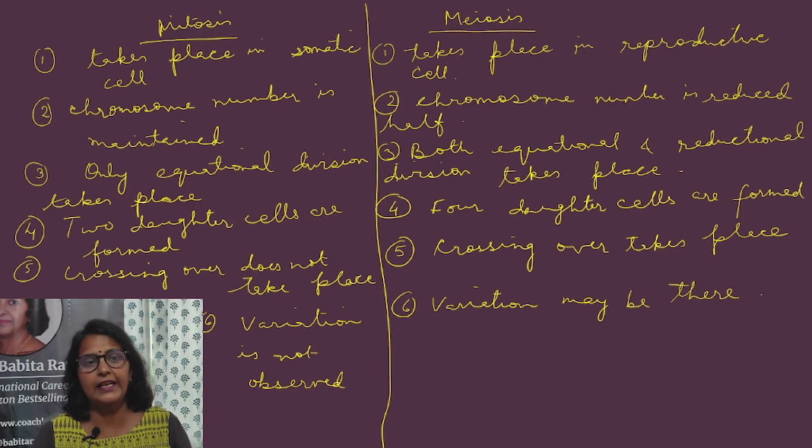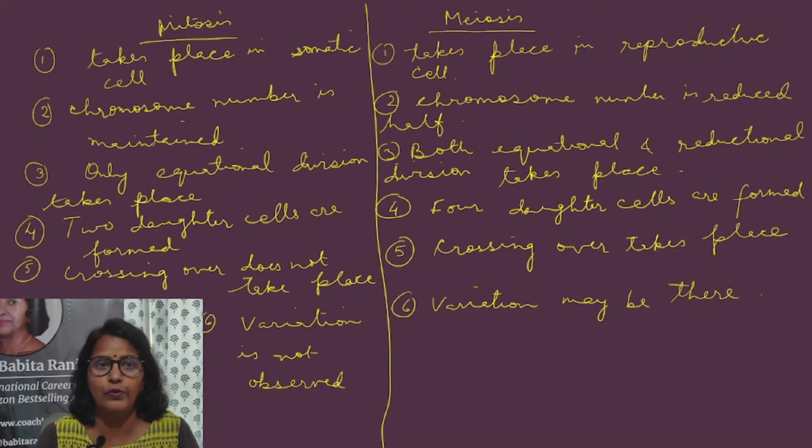The division in mitosis is always equational, whereas both equational and reductional divisions take place in meiosis. Crossing over does not take place in mitosis, but takes place in meiosis. Variations are not seen in mitosis, but may be there in meiosis. So these are some of the differences between mitosis and meiosis.